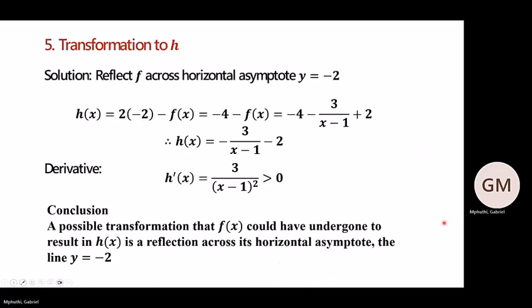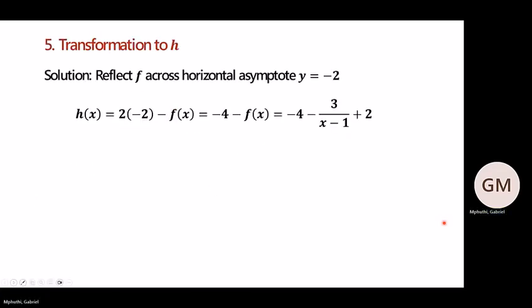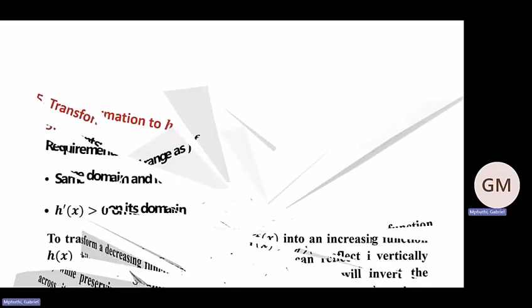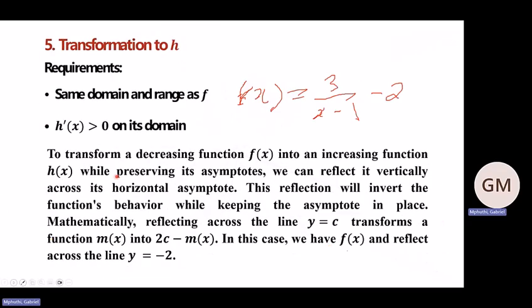If I may just recall a bit, the important statement here is to transform a decreasing function f of x into an increasing function. I think it will be justice to show you what we mean by a decreasing function.